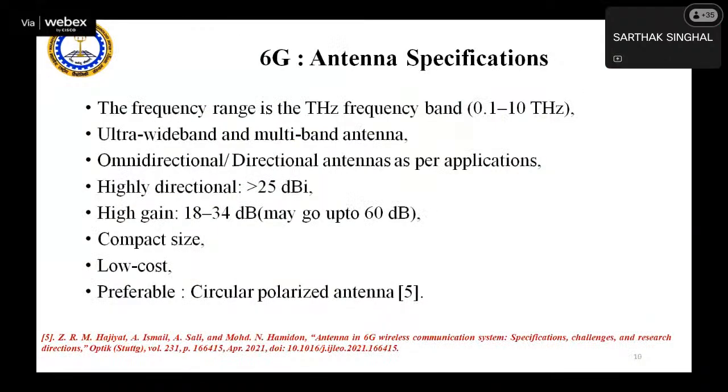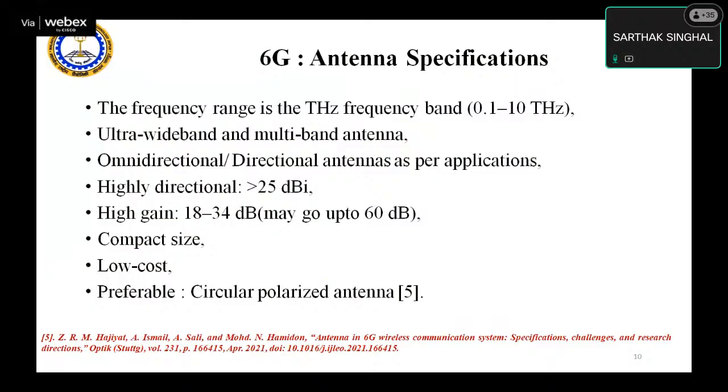As I was saying, there are certain specific antenna specifications for 6G applications, which is it should cover the band of maximum bandwidth of 0.1 to 10 terahertz. It should be an ultra wideband or multiband antenna.